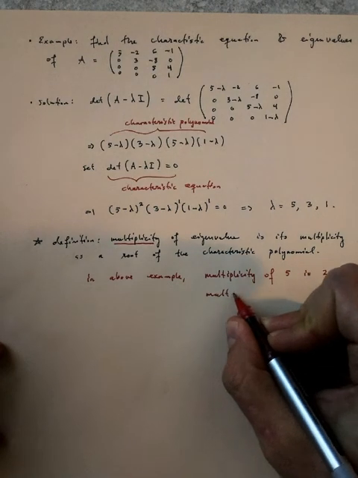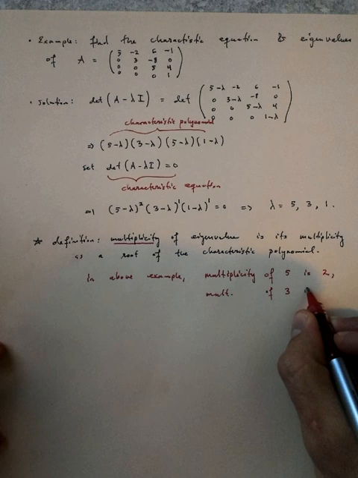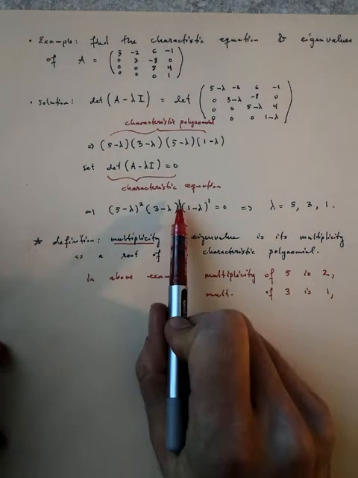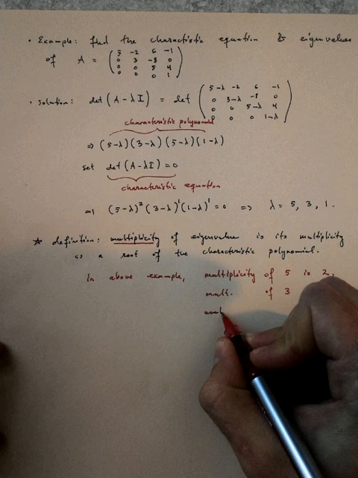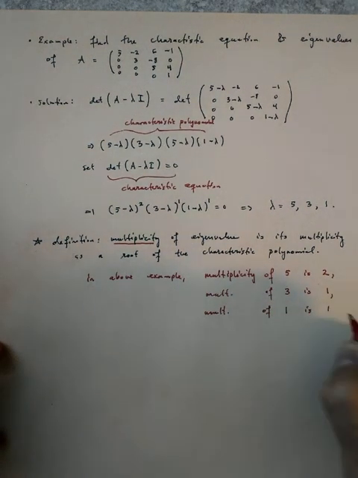The multiplicity of the eigenvalue 3 is 1, and that comes from this power, and the multiplicity of 1 is also 1.